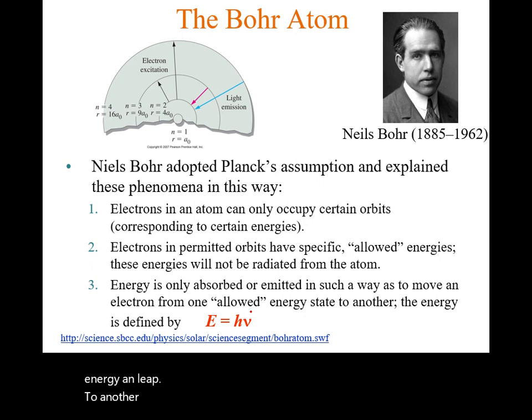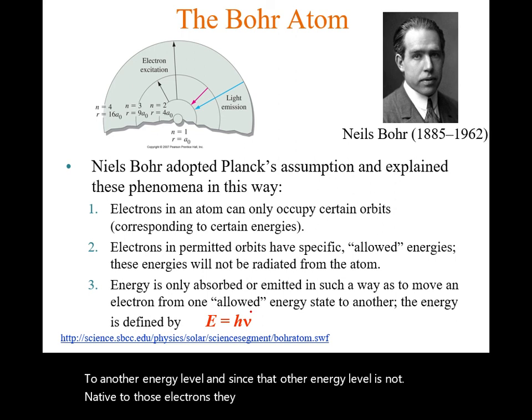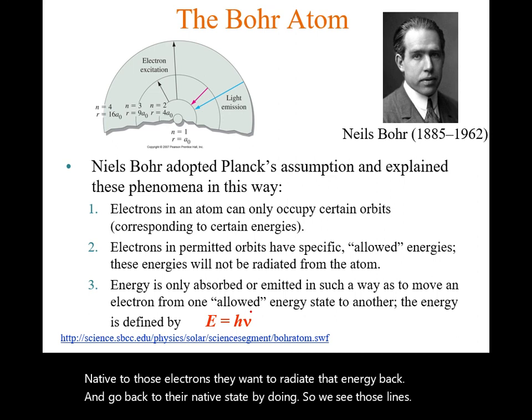And since that other energy level is not native to those electrons, they want to radiate that energy back and go back to their native state. By doing so, we see those lines.